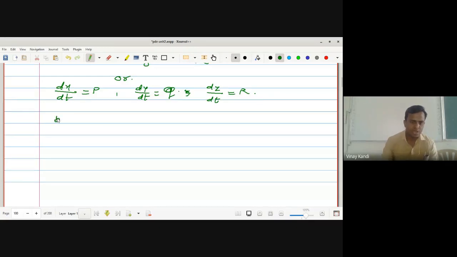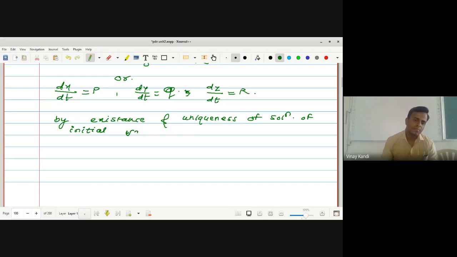So by the existence and uniqueness of solution of initial value problem of ordinary differential equation, it possesses a characteristic curve.